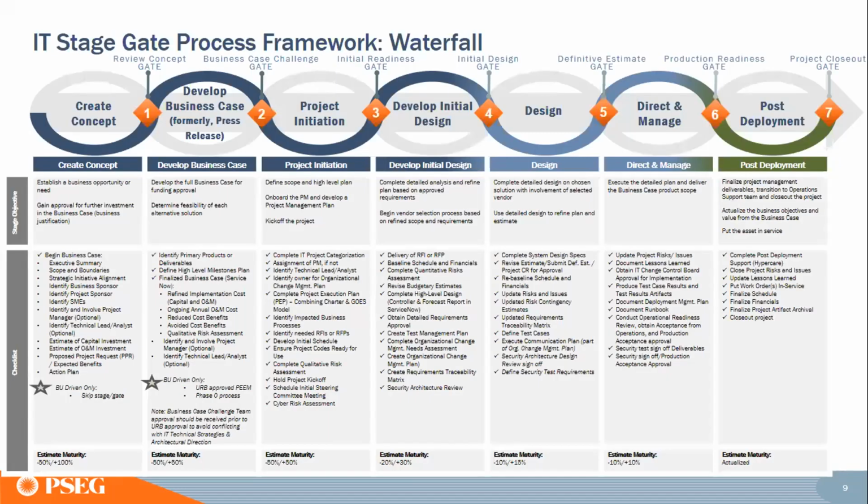This is the overall landscape picture of the SGP waterfall process, right? As I was telling you, there are 7 stages and 7 gates. So every stage contains some deliverables and some of the tasks that needed to be attended during that stage, right?